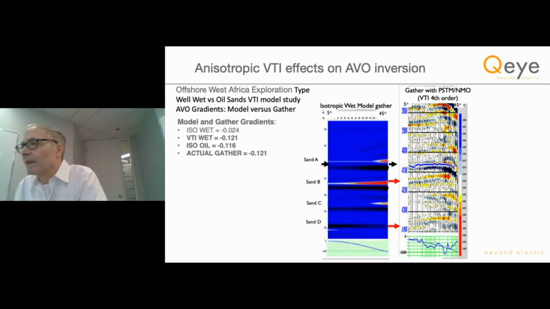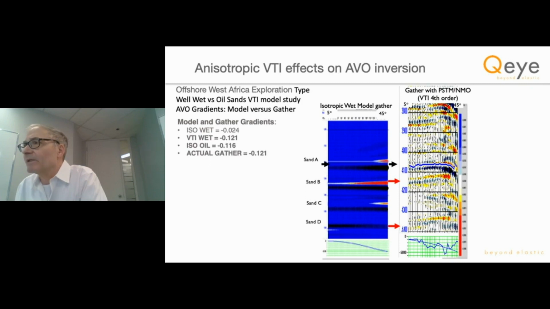Because the VTI effect of the overlying shale affects the VP/VS ratio as you go to higher angles, it increases on the overlying shale, which implies a decrease in the sand. That's coming from the anomalous gradient due to the overlying VTI shale. The isotropic wet case has a gradient of -0.24.